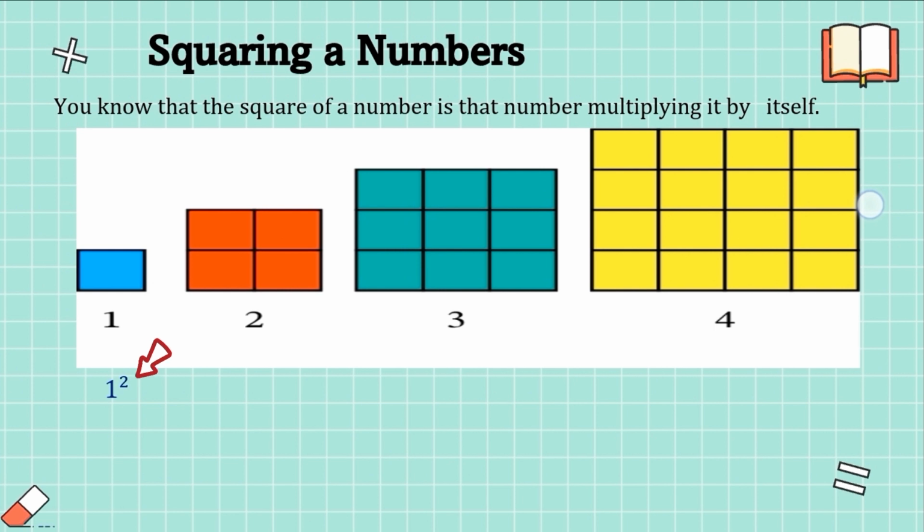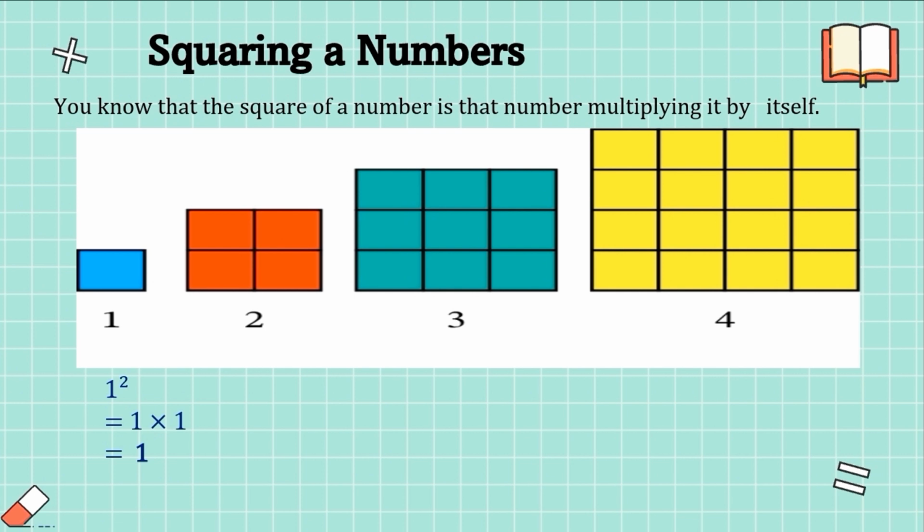And 1 squared, well, this means 1 times 1, the base of 1 expanded out 2 times. So we are multiplying that number by itself. And we know that 1 times 1 is equal to 1, and 1 squared is also equal to 1. And it's as simple as that.